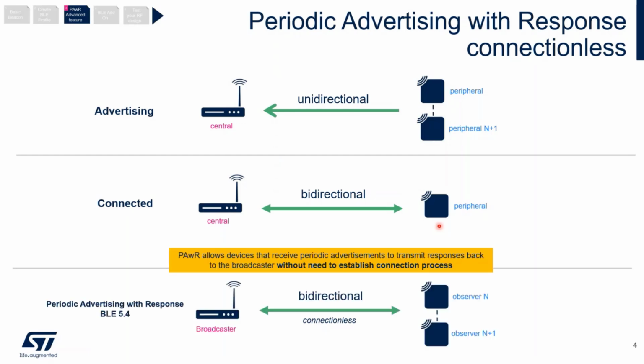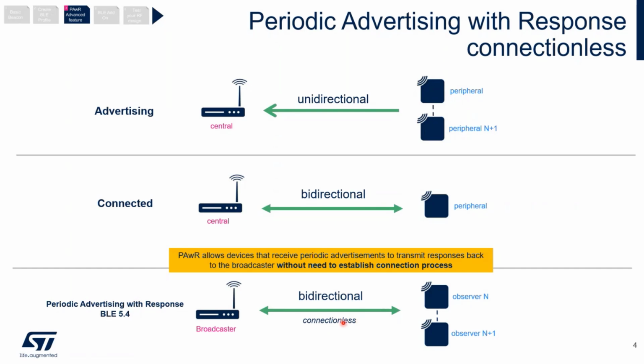Now, thanks to the BLE 5.4 introduction, the periodic advertising with response feature has been introduced. This feature is a way to establish a communication between two entities, which here we'll name the broadcaster and the observer, in a connectionless mode.